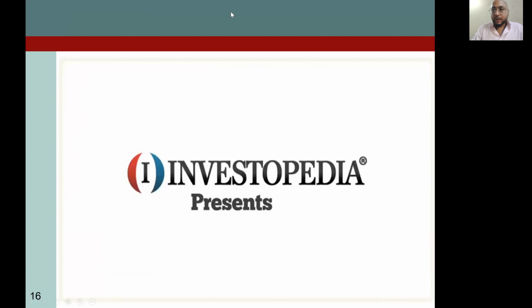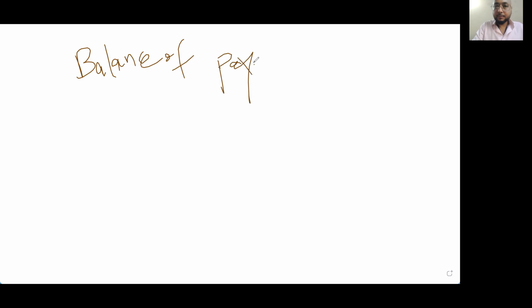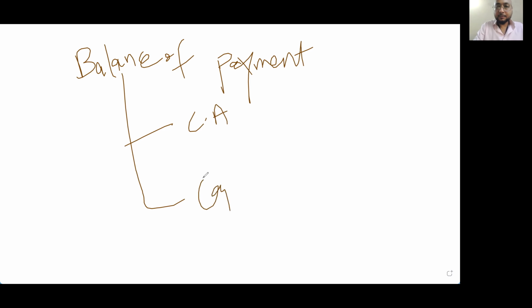So what we have discussed up till now, let me share the whiteboard here. Balance of payment has two accounts, current account and capital account.